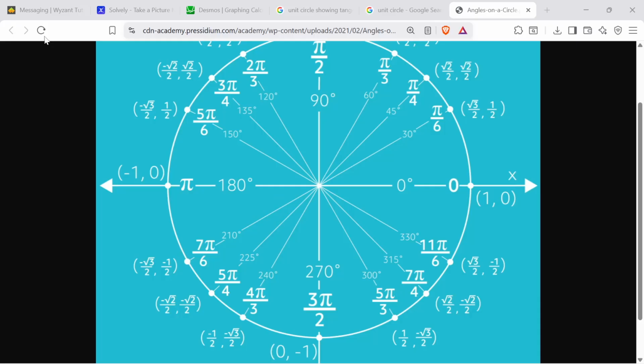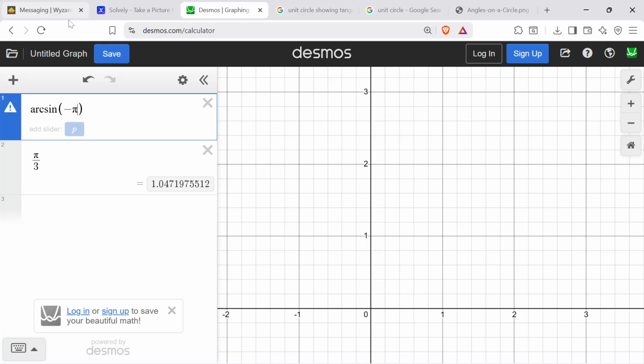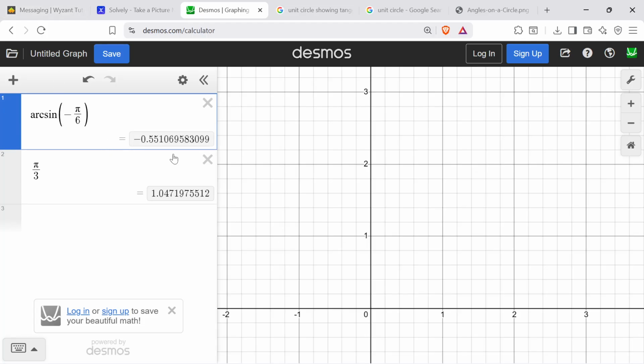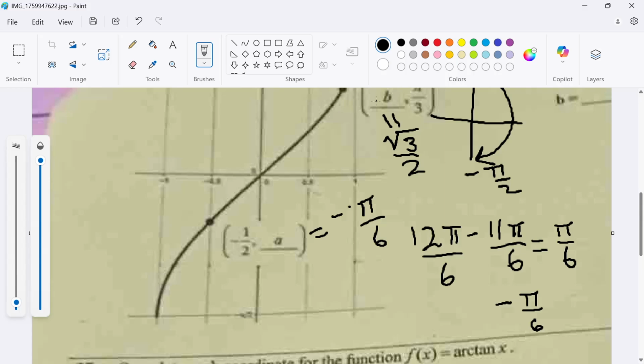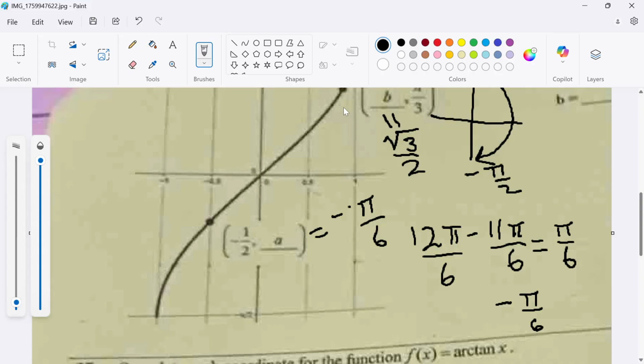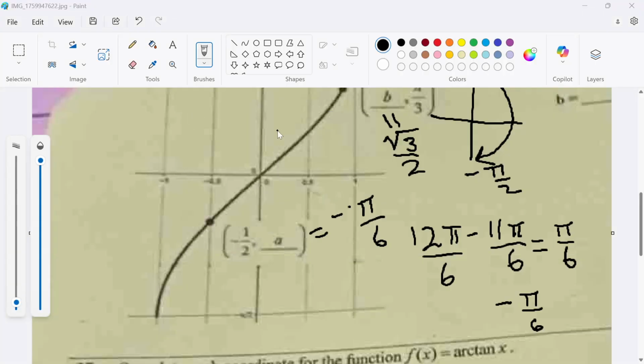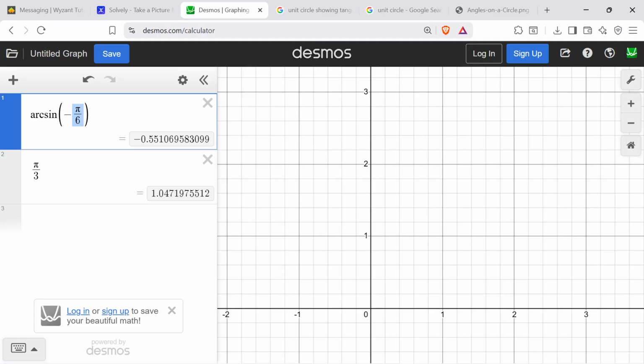So A equals negative pi over 6. And I will prove it again by using Desmos. I want the arcsine of negative 1/2, and let me do pi over 6, and it's negative, there it is, 0.523, but it would be negative.